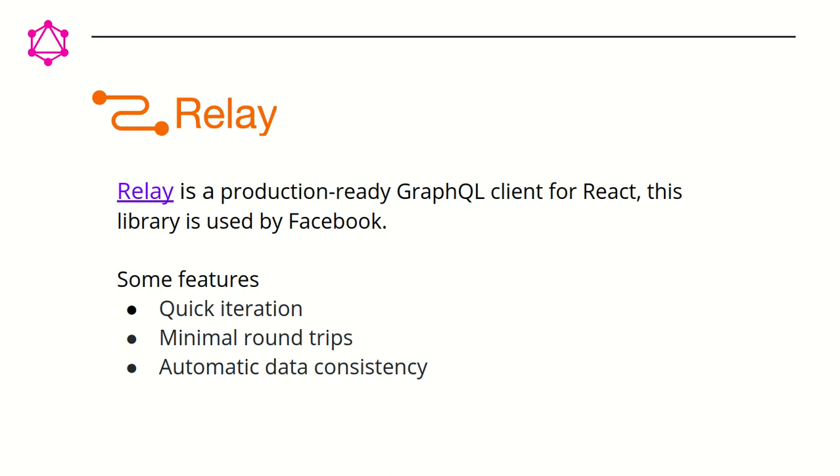But Relay plays cool with React. They built it for React, and it binds your components to your GraphQL API. Your component is tightly coupled to your GraphQL API, and it makes for a more declarative form of building components. It's a cool technology or library to check out.